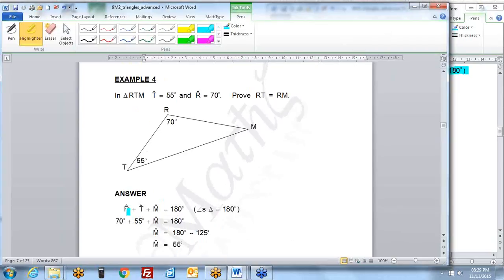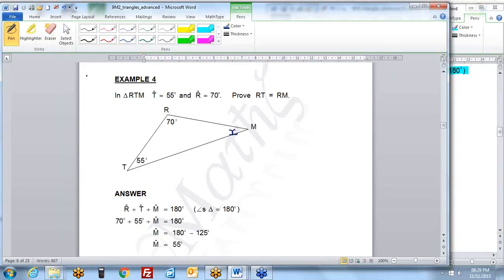So you say angle R plus angle T plus angle M, and we don't have the measurement for that angle size there yet, but we equal it to 180 degrees. So it's almost the same as saying they could have said the following. They could have said, okay, this is X then, but they didn't. So it's the same thing. They didn't give you the degrees there.